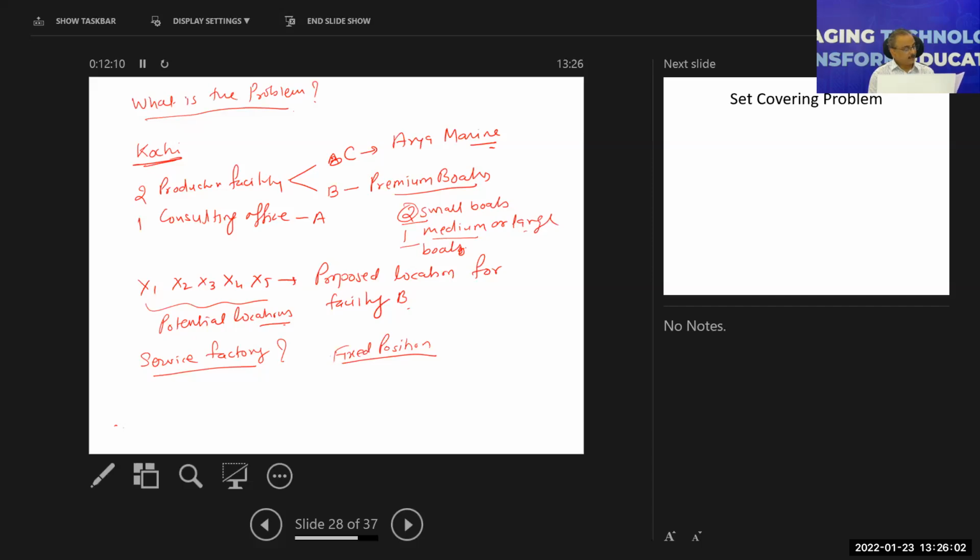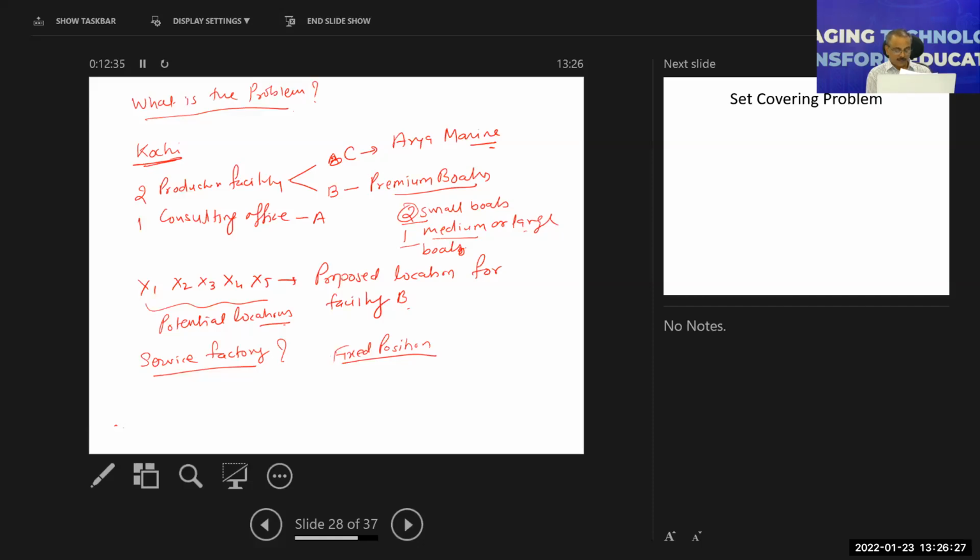In exhibit 5, the locations are given. And what about exhibit number 6? In exhibit 6, the floor size of all these new facility or this potential location is given. For example, for X1, the size available is 70 feet by 40 feet.